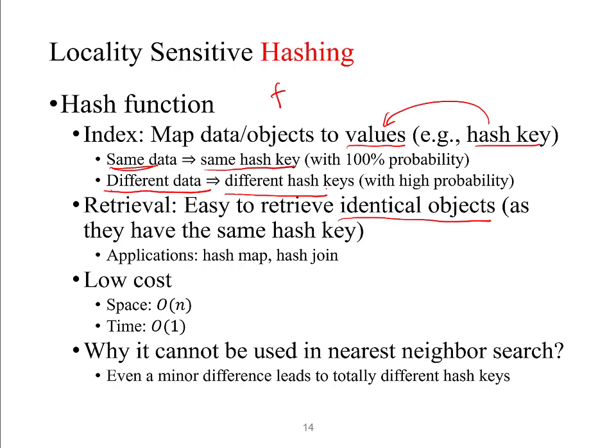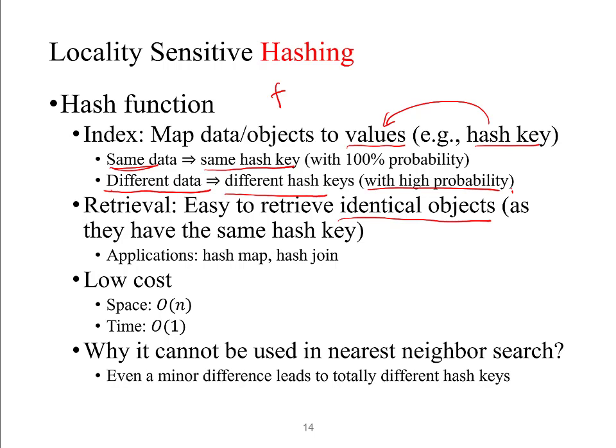Well, we cannot guarantee this, because no matter how you design your hash function, it is always possible that you would generate the same hash key for different data. But with a strong enough hash function, we can guarantee this with high probability. Or say, in most cases, different data would have different hash keys.